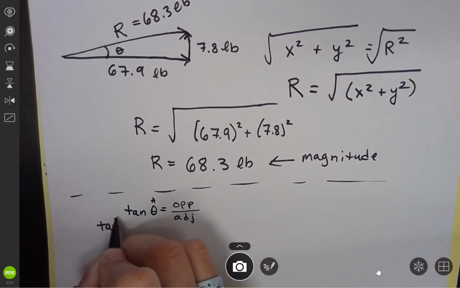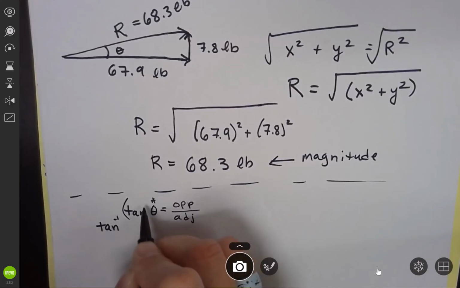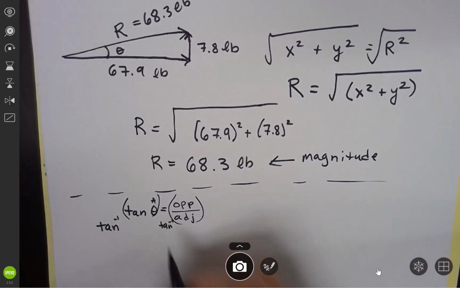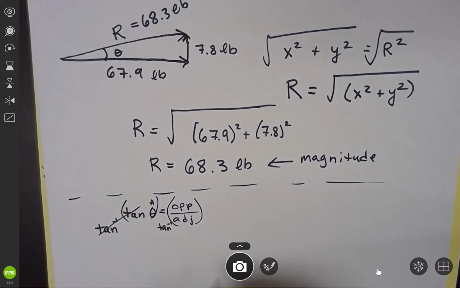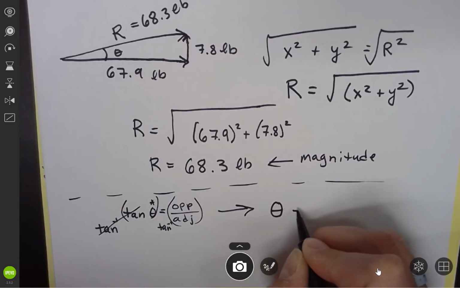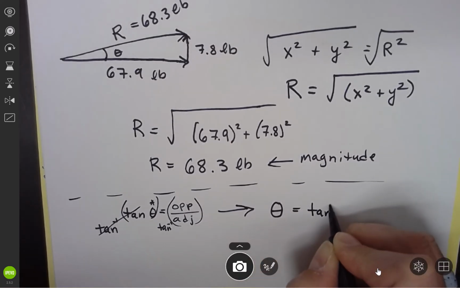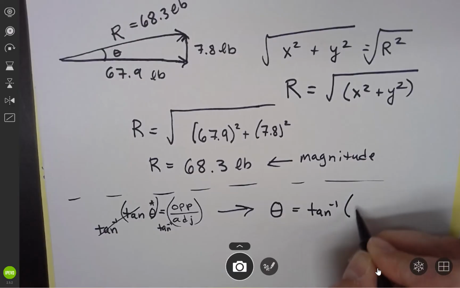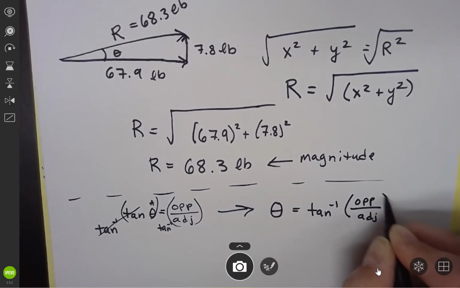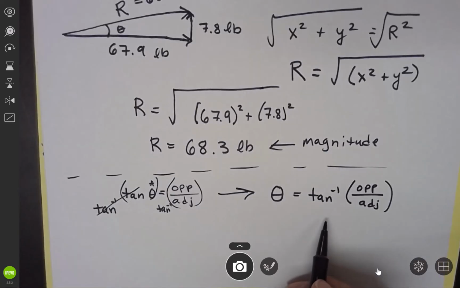Turns out that there is a function on your calculator called tangent to the minus 1. And that would actually make the tangent go away. So I can rewrite this formula as my angle is equal to tangent to the minus 1, or inverse tangent, of my opposite side divided by my adjacent side. So this is just buttons in my calculator.